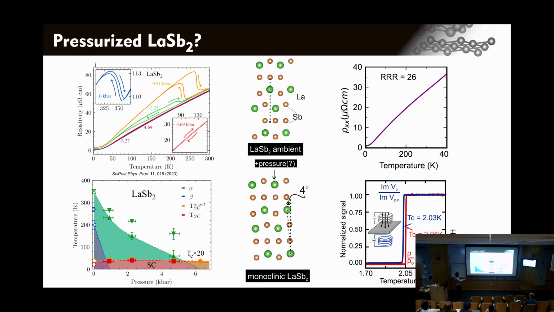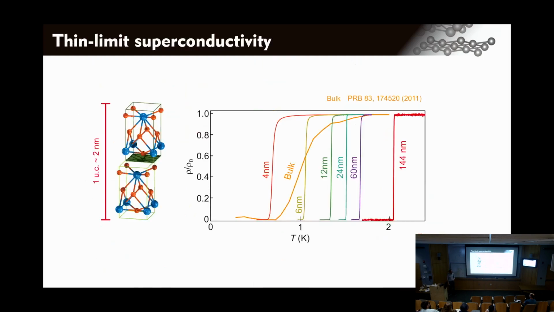And then if you look at their superconductivity under pressure, TC is about 1.8 or 2 Kelvin or so. And this is a fairly similar value to us. So this is a hand-waving link that we're making, I will admit, but it kind of walks and talks like the high pressure phase.